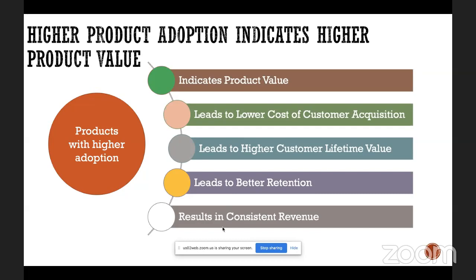And obviously it leads to a consistent revenue stream. So it's definitely worth thinking about how we build products, and how we get these products to our customers, which lead to higher adoption. So there's definitely a defined benefit.